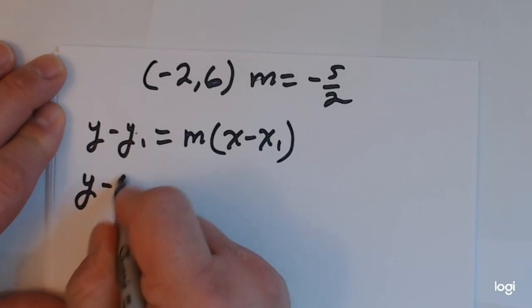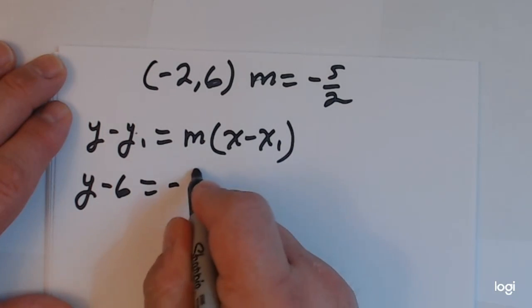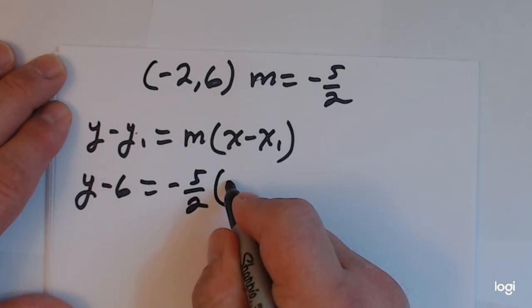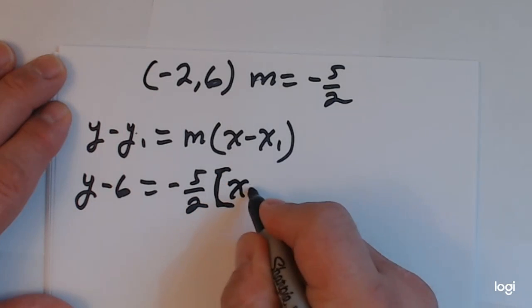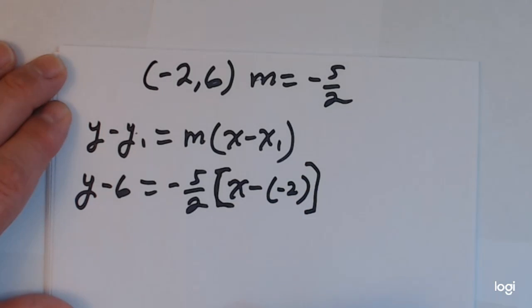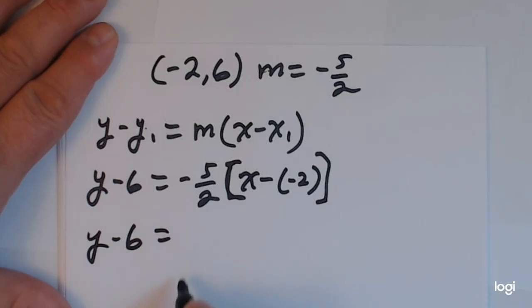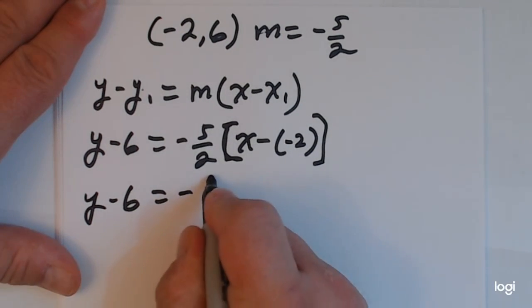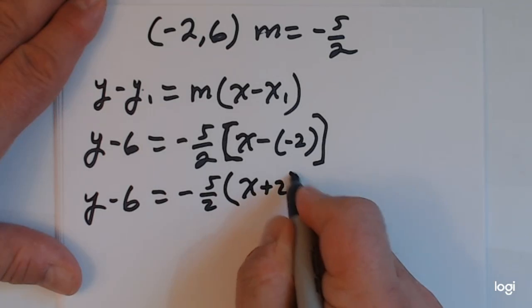So y minus 6 is equal to negative 5/2 times, let's do that, x minus negative 2. So y minus 6 is equal to negative 5/2 times x plus 2.